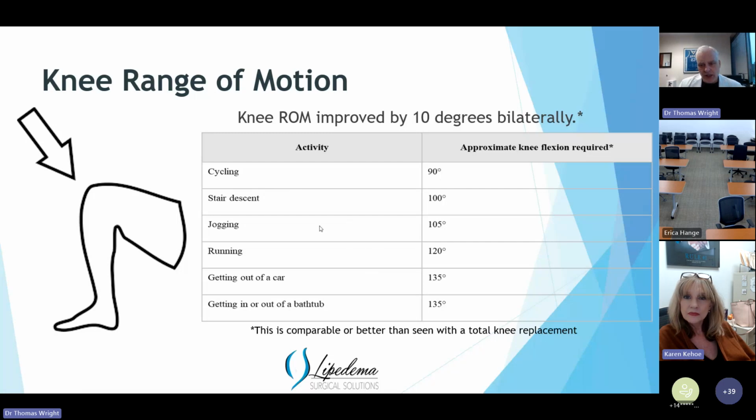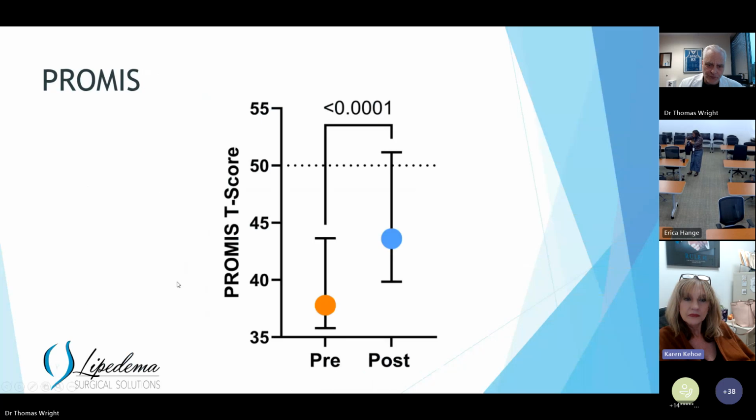And now some women were even significantly reduced below that. So that average was around 120, but there were some around 105 degrees. And so just the lipedema tissue would limit their ability to even run or jog or go up and down stairs. Some are even limited to that degree. And so the improvements we see can make huge changes in their ability to do daily activities.